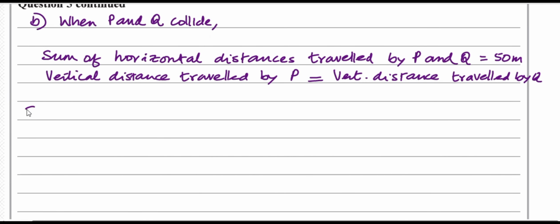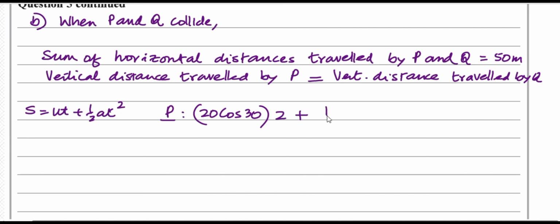Let's use this formula for constant acceleration: s equals ut plus half at squared. For P, this is going to be 20 cos 30, that is u, times t, which is 2 seconds, plus half, acceleration is 0, times 2 squared is 4, and that is equal to 40 times root 3 over 2 plus 0, which is 20 root 3.